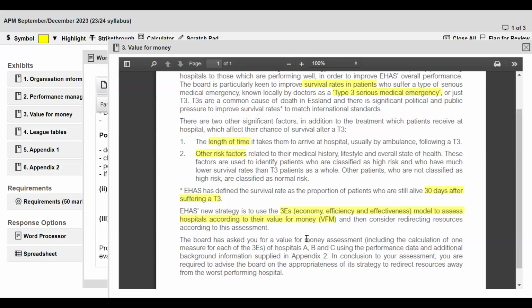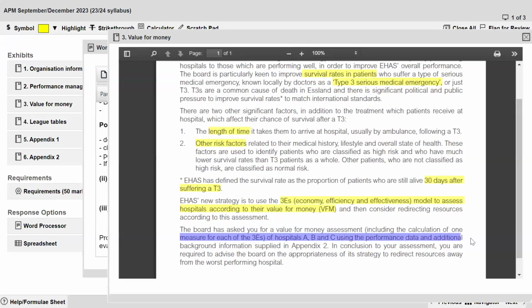Now, the board has asked you for a value for money assessment, including the calculation of one measure for each of the three E's of hospitals A, B, and C, using performance data and additional background supplied in Appendix 2. In conclusion to your assessment, you are required to advise the board on the appropriateness of its strategy to redirect resources away from the worst performing hospitals.